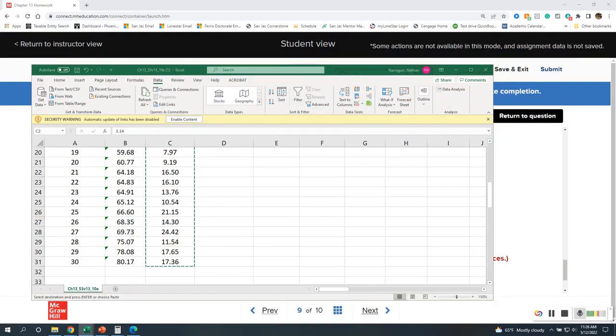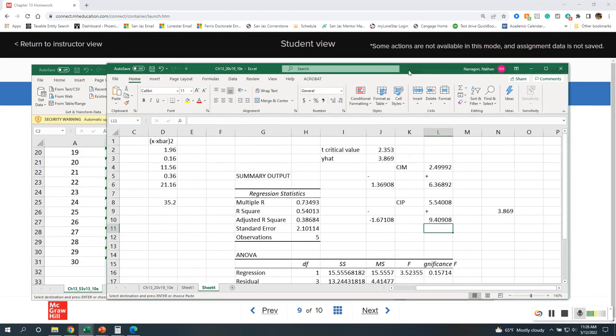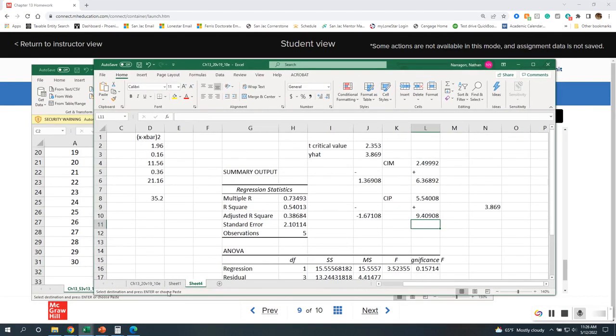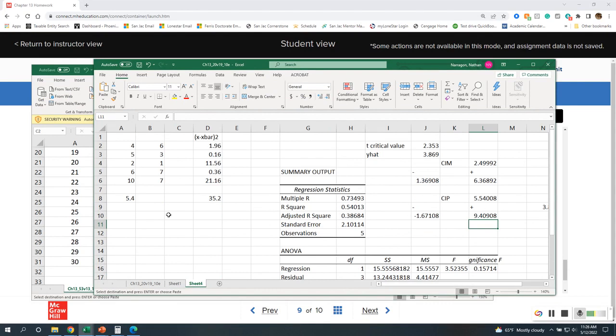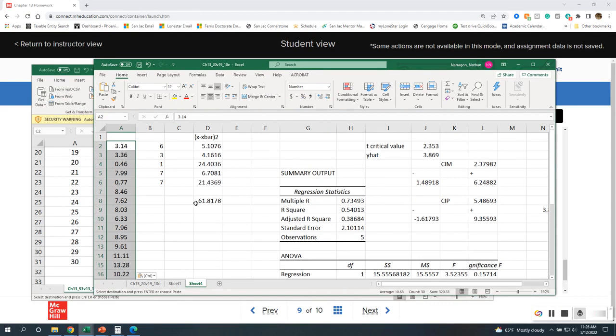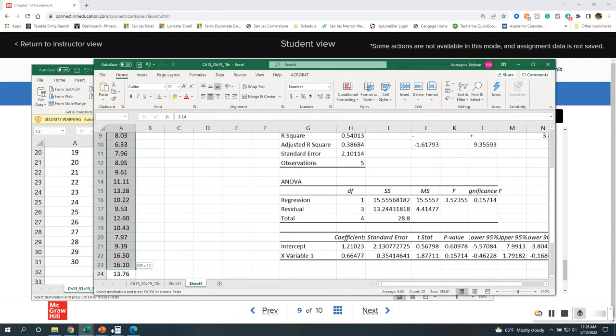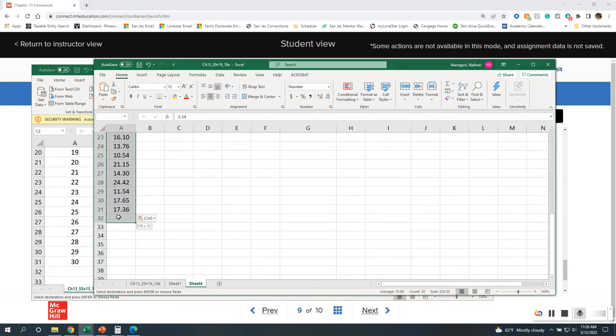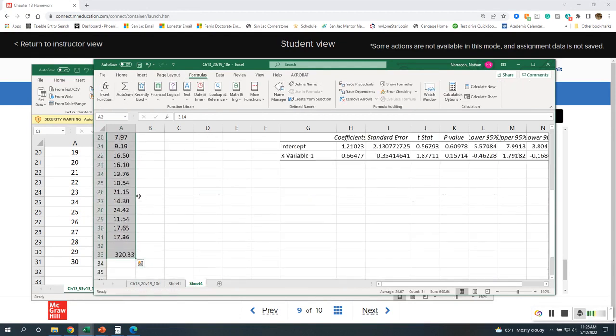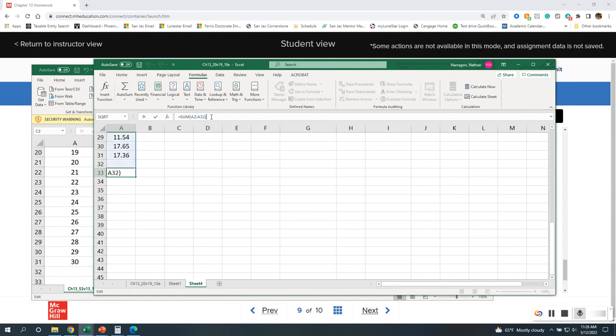Which is this one. So that was question... Well, I think we just inserted those. Yeah, we just did. So we're going to go ahead, hit paste. We're going to change the number. So we're going to go formulas, auto sum, and we know we need to divide this by 30.